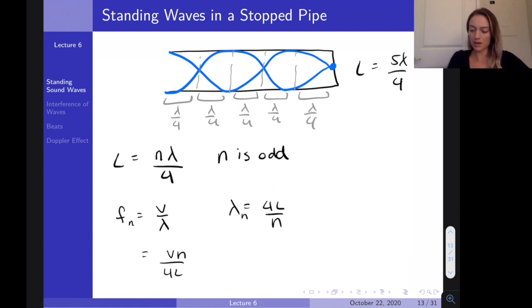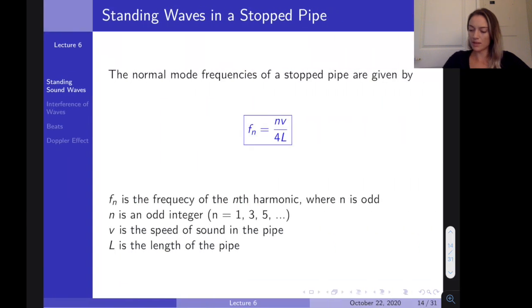So this is our harmonics for a closed pipe. I'll rewrite that right here. These are the normal mode frequencies, or our harmonics, for a stopped pipe, open at one end and closed at the other. Fn is the frequency of the nth harmonic, and n is only odd. So n here is an odd integer. V is the speed of sound in the pipe, and L is the length of the pipe.